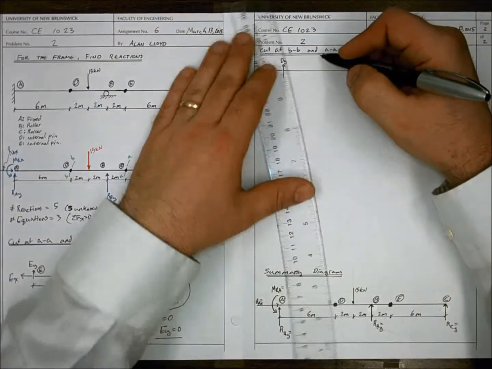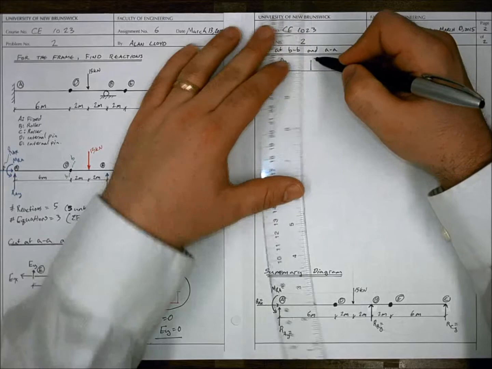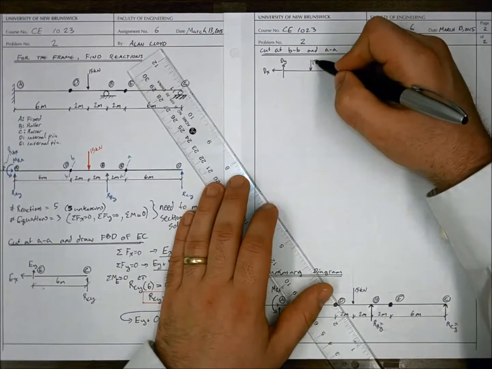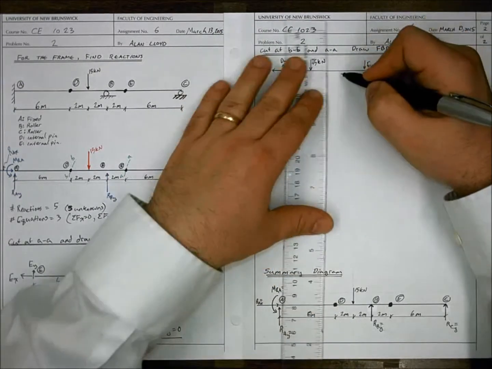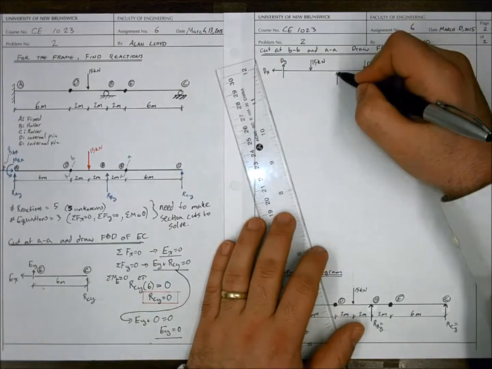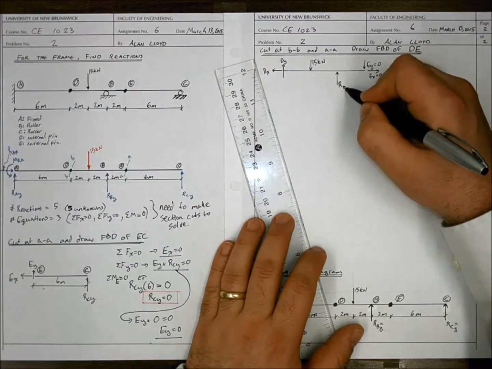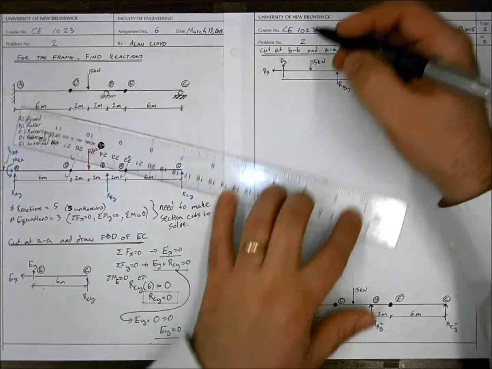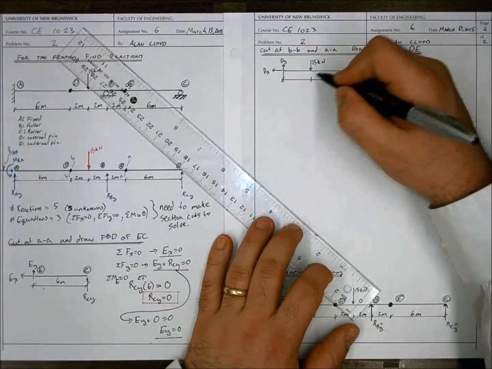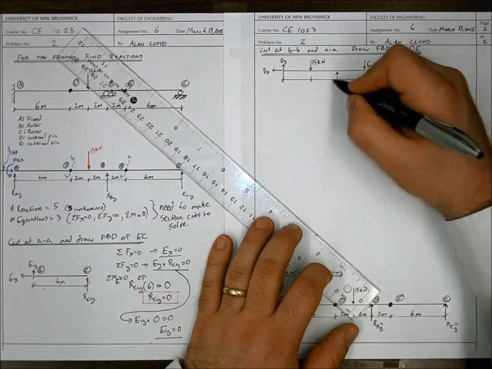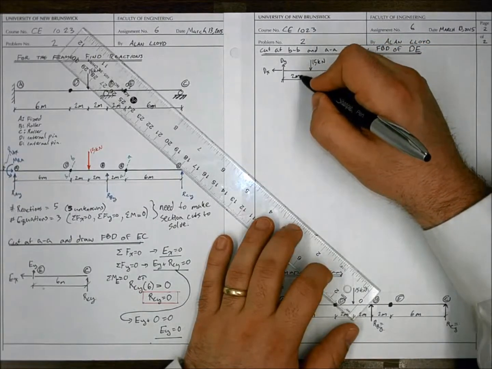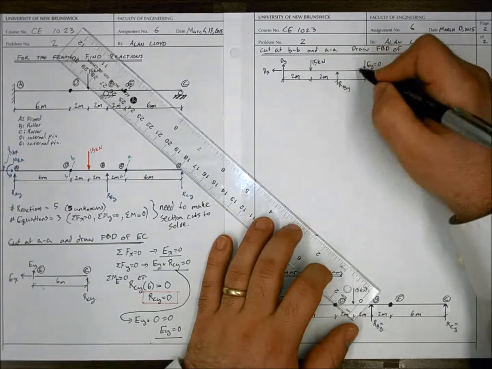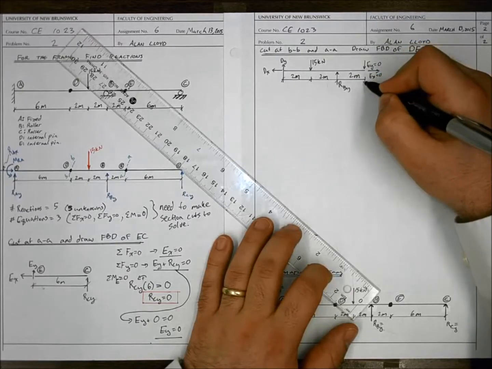Our 15 kilonewtons is applied, and we have a force RBY. The distances are 2 meters between our forces and supports: 2 meters, 2 meters, and 2 meters.